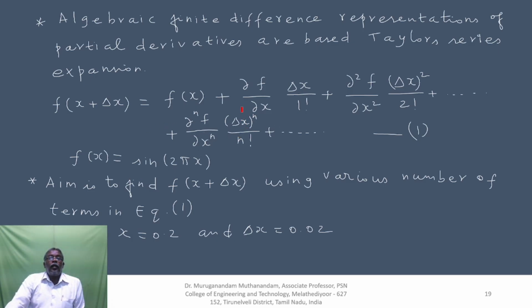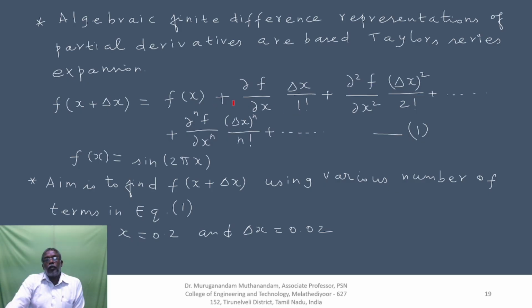I am going to explain the discretization process using a function f of x equal to sine 2 pi x. It is an example function I have taken. The aim is to find f of x plus delta x, that is, the value of this function at the point x plus delta x, using various numbers of terms in the equation. If you use only the first term, what will be the value of the left hand side? If you use the first two terms on the right hand side and neglect the remaining terms in equation 1, what will be the value of the left hand side?